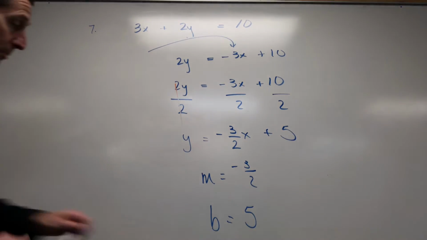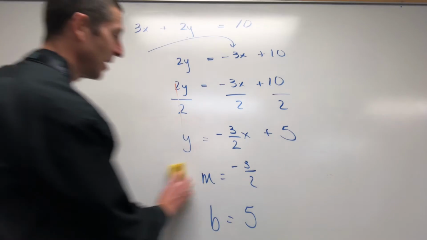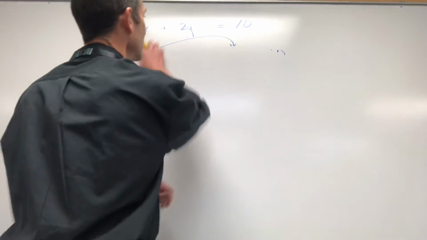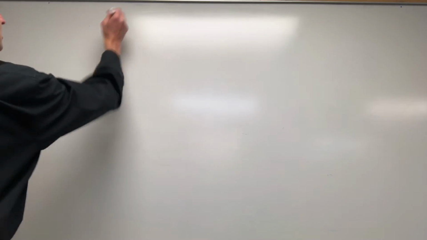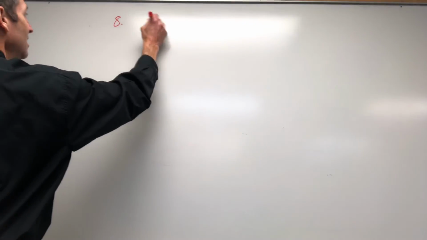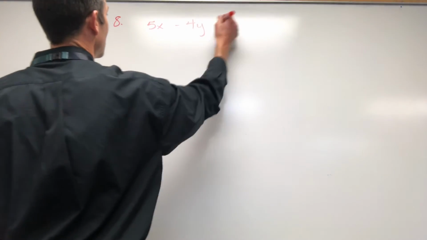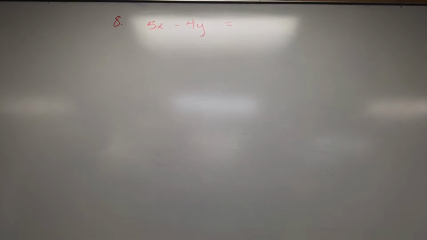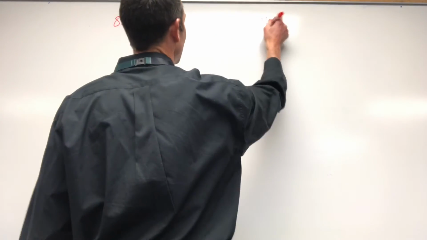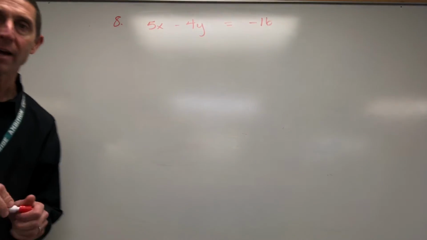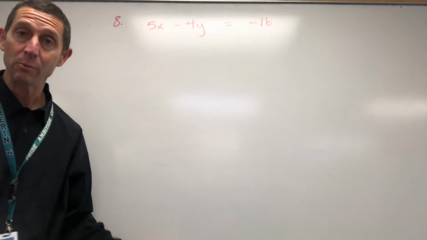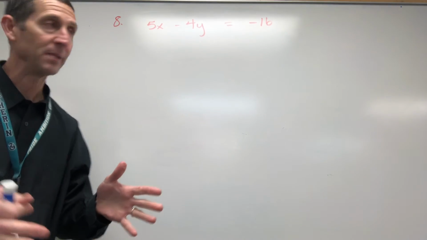Let's do number 8. See if we got this or we don't got this. 5x minus 4y equals negative 16. Okay, so last one. Again, we want to solve for y. y has to be all by himself.